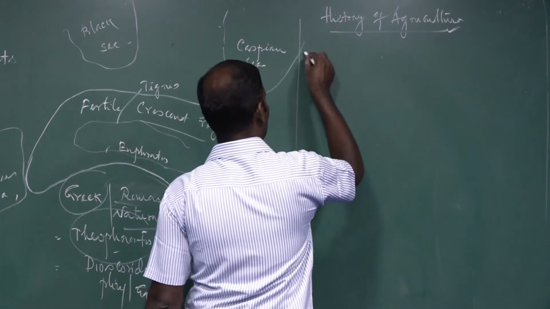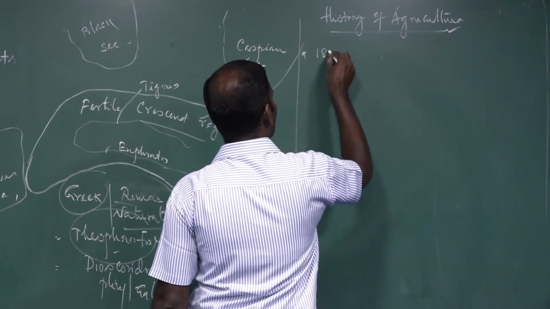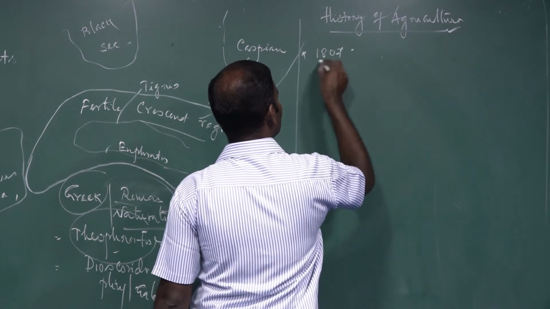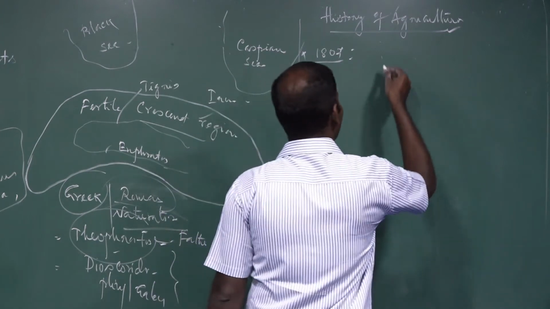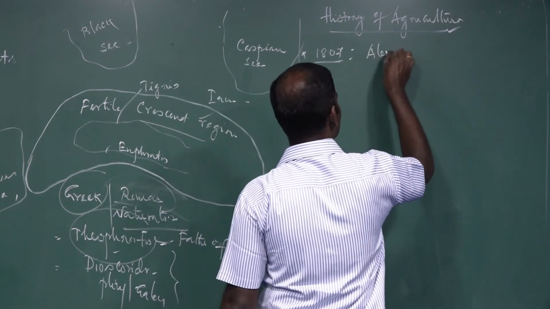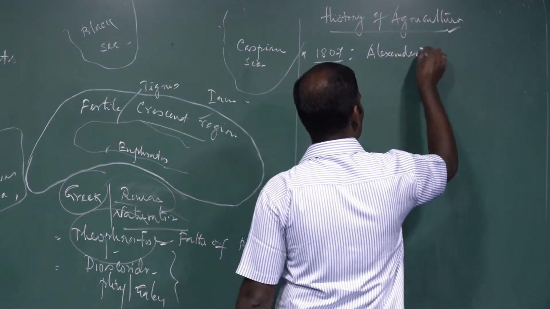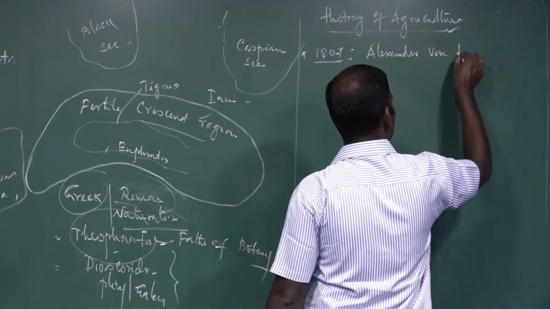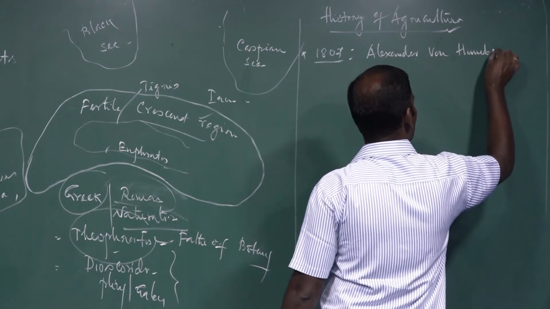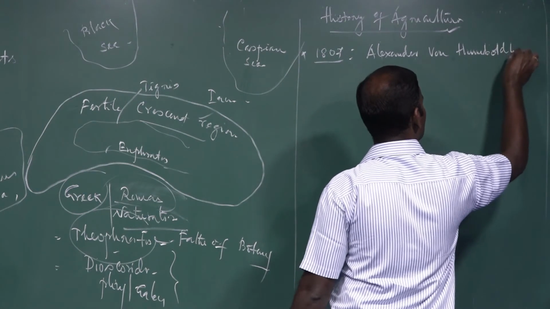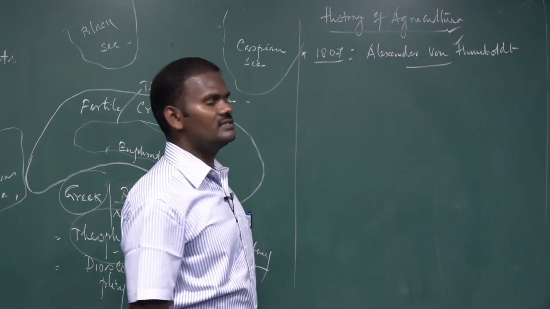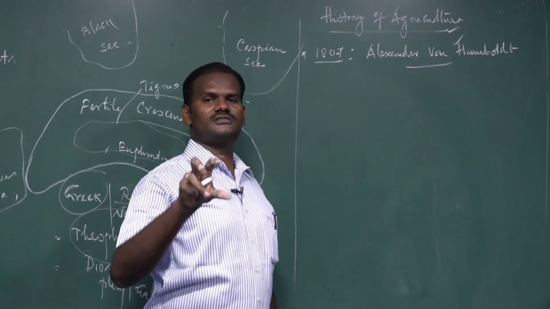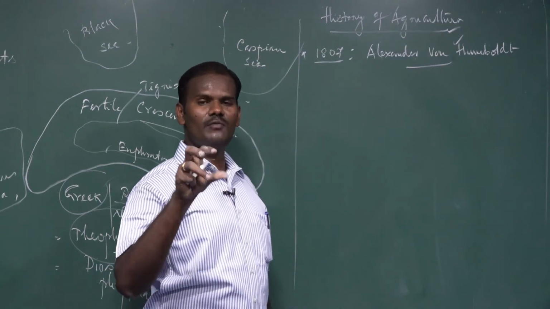In 1807, Alexander von Humboldt was the first person to consider the main sources of crop plants and cultivable plants.